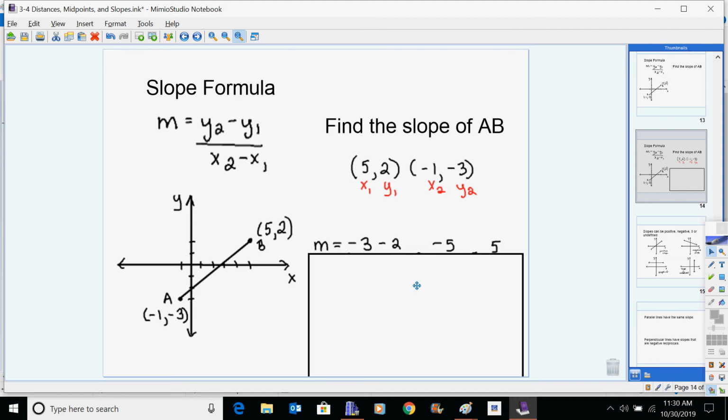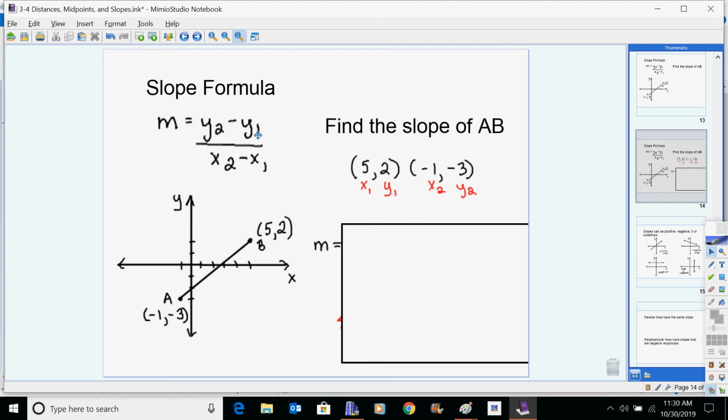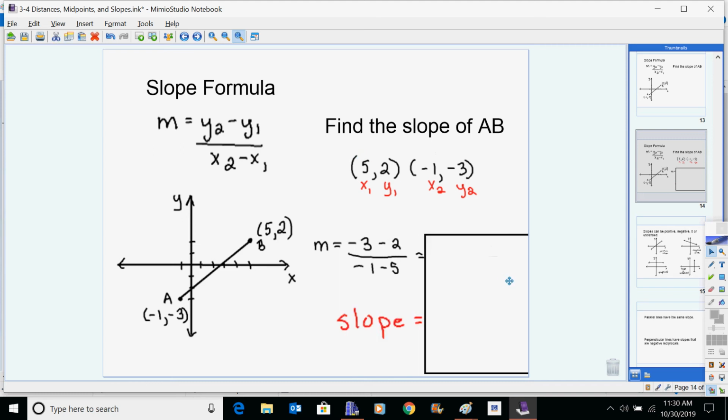So we're going to do this. As we're doing this, what number minus what number? Okay, wait, go ahead, Chris. -3 minus 2 on top, and on the bottom you get -1 minus 5. Do be careful of that.